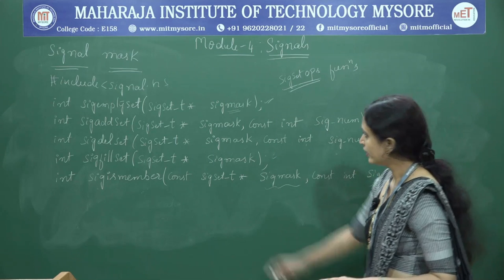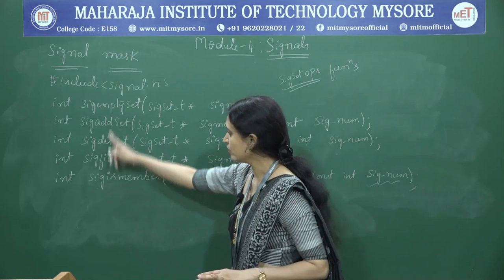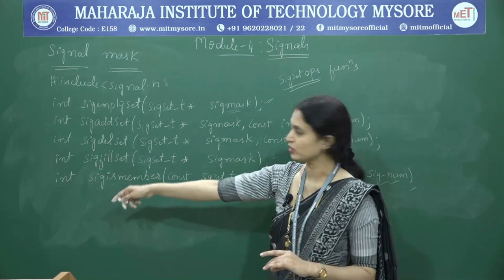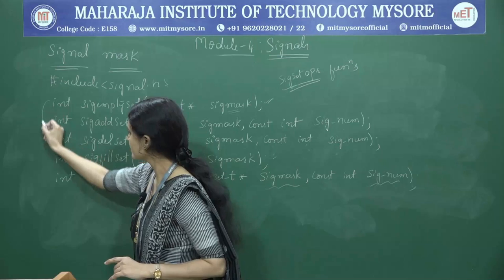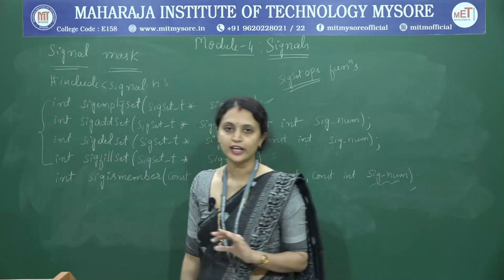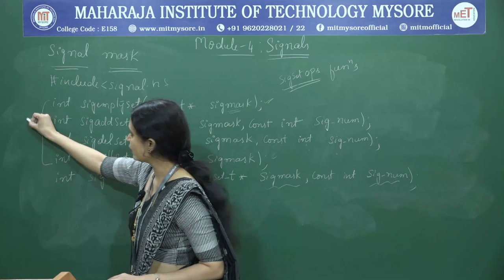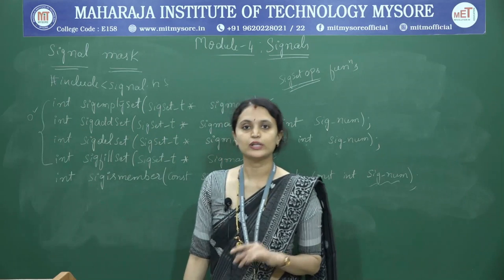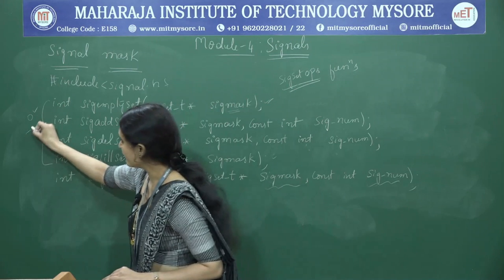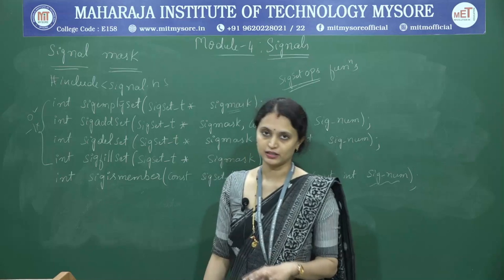So here all the APIs have the return type integer. The starting 4 APIs return 0 if executed successfully, and return -1 if there is any error.